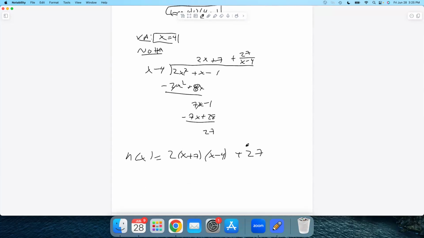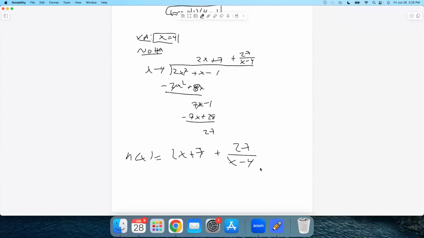What we want is the original function. This guy divided by that guy could be written as 2x plus 7 plus 27 over x minus 4. And that's an ugly 7 there.